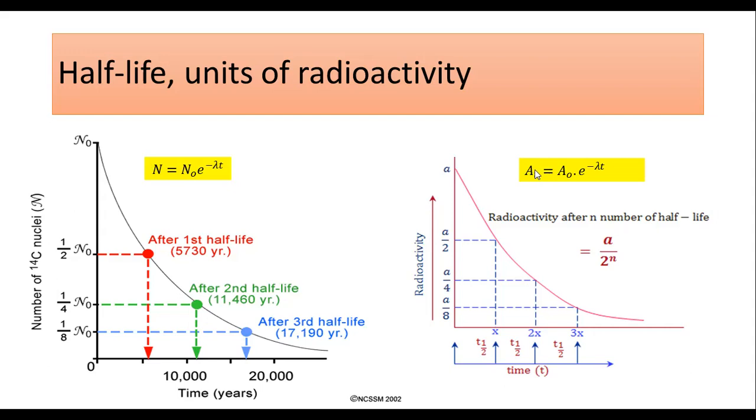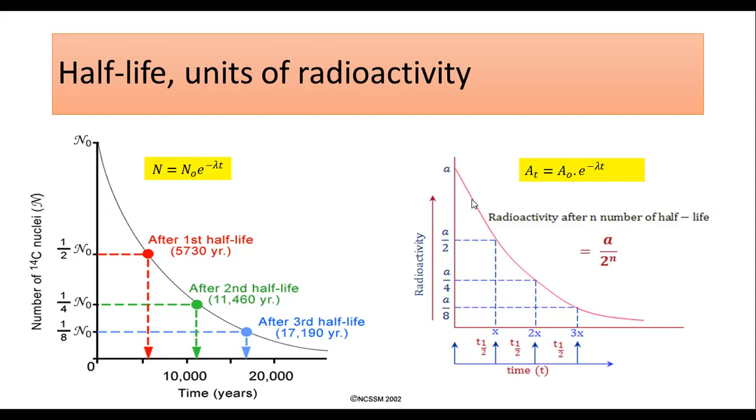So actually all the nuclides are following the first order kinetics, and these are the equations for the first order kinetics. And here I'm not going to talk about the kinetics, but here to explain the half-life by using these equations. So if you have a look at this graph, this is the graph between radioactivity versus time.